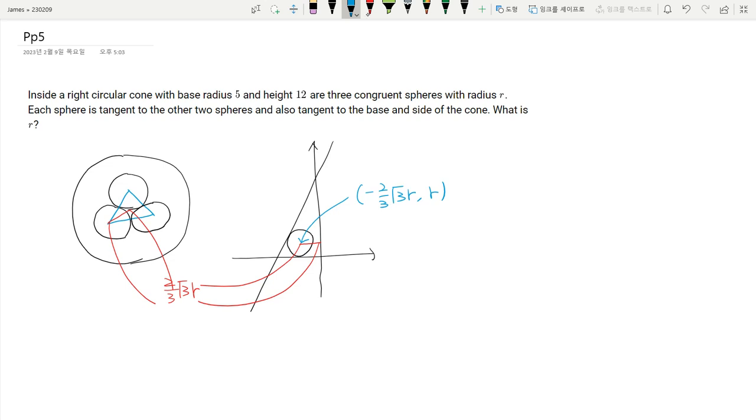Because the circular cone has the radius 5 and 12, we can think of the x-intercept and y-intercept this way, because it's in the second quadrant. So with the intercept, we can make the equation of the line. So this is the equation of the line.